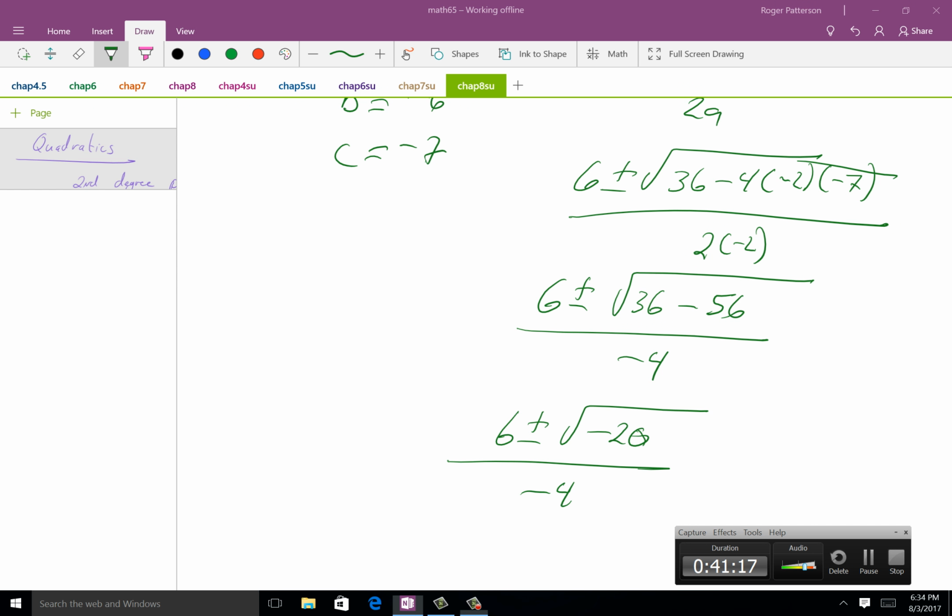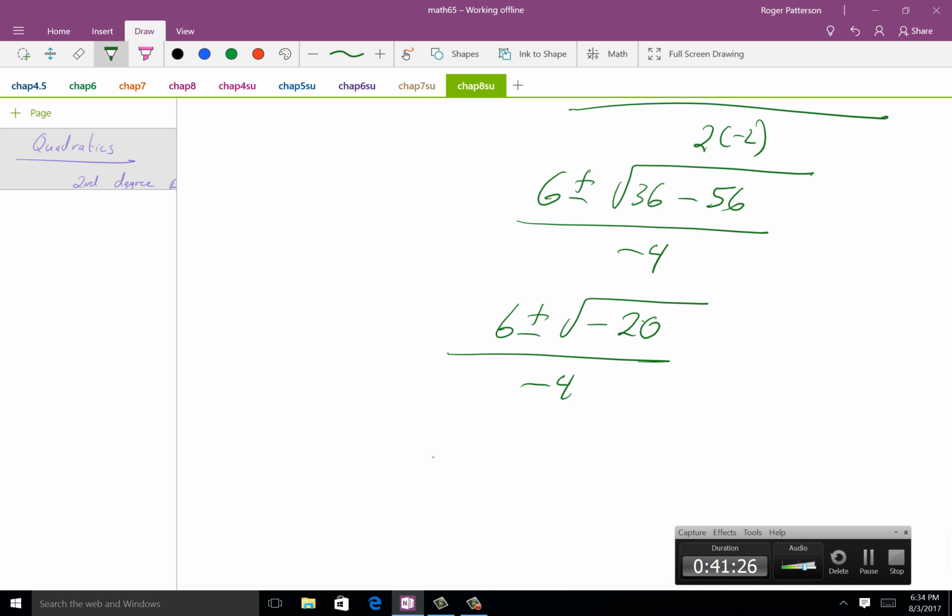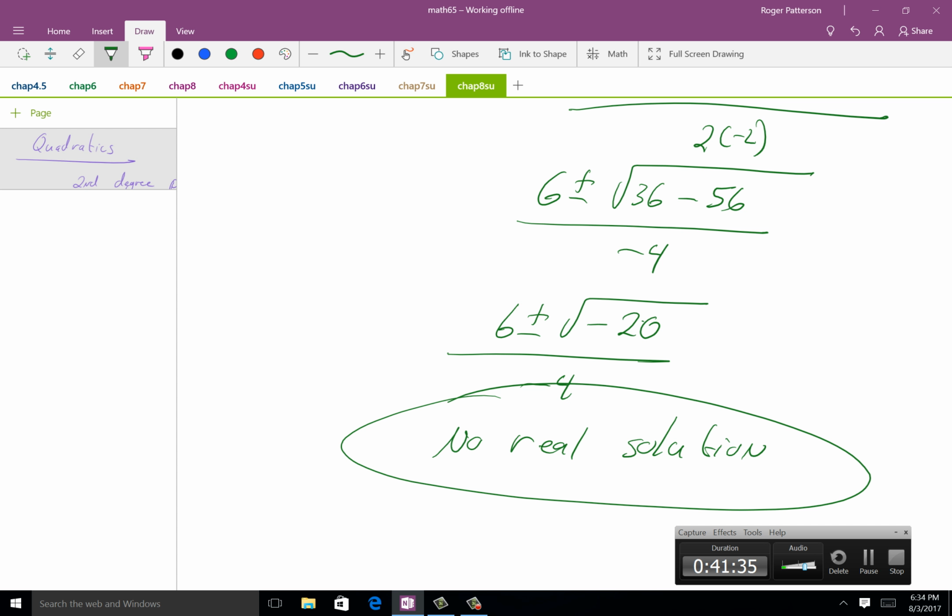But we learned last chapter, you cannot take the square root of a negative number, all right? And this is negative. So we say this has no real solution. No real solution, because you can't take the square root of a negative. All right, can't do that.